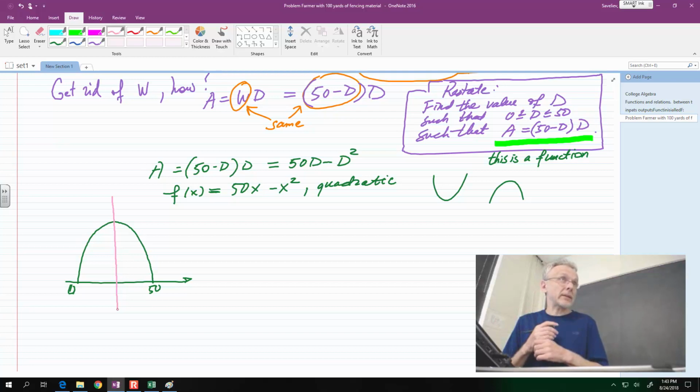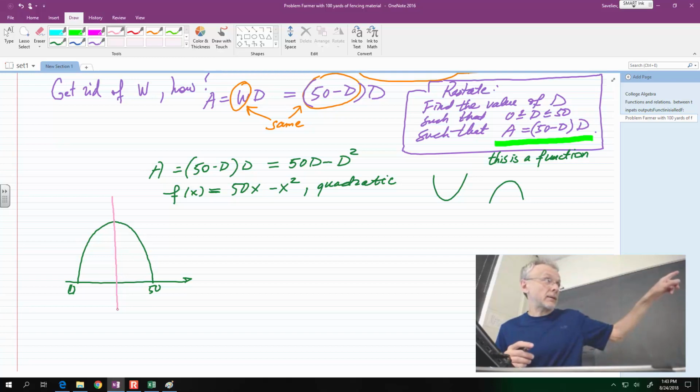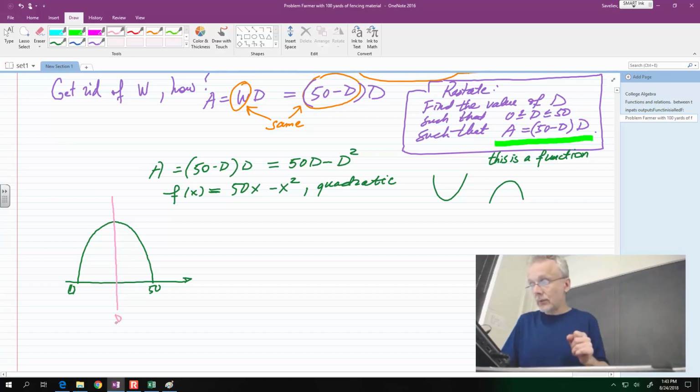So where exactly is the highest point, or the lowest? It's halfway, right? Because of the symmetry, if it is 0 here and 50 there, then halfway will be the highest value.